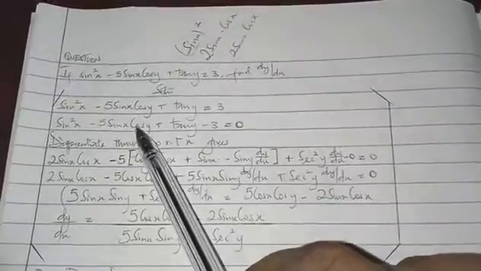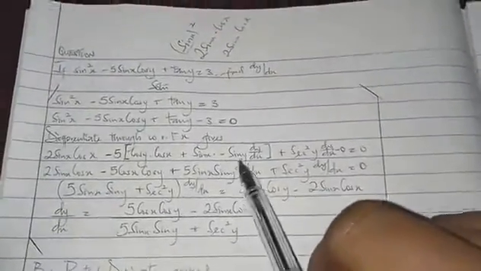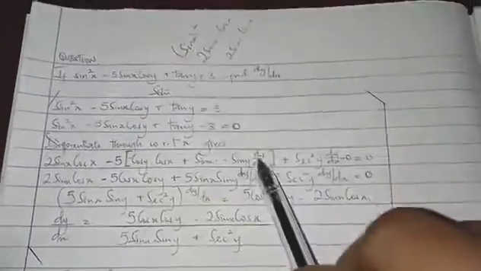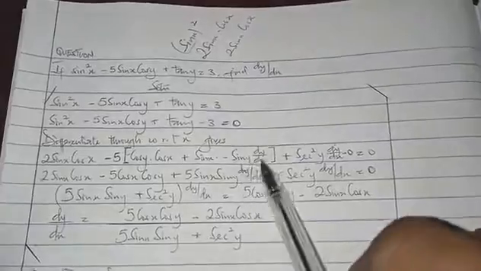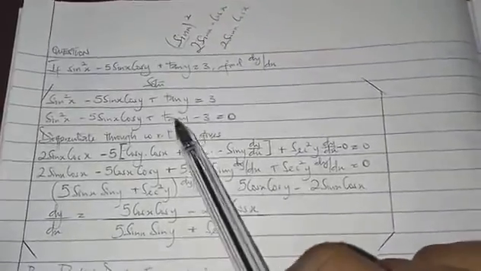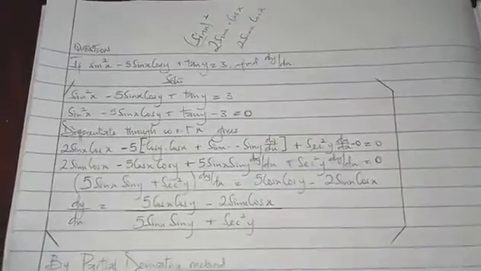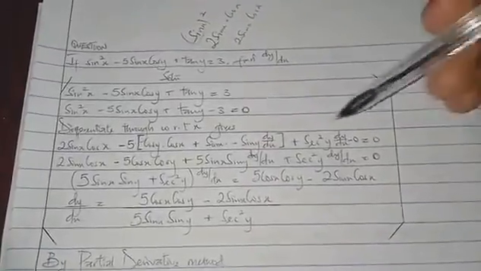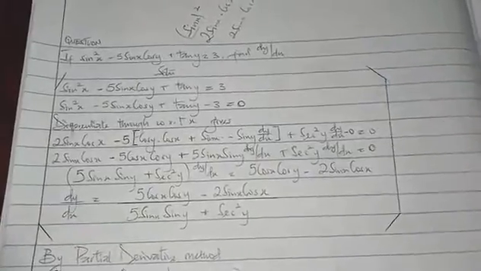This is going to be minus cos y. I'm sorry, minus sine. Differentiation of cos is negative sine, so you have minus sine y dy dx to show that you differentiated this with respect to x. Plus the differentiation of tan y with respect to x is going to give you sec square y dy dx. Then you have minus 0 equal to 0.